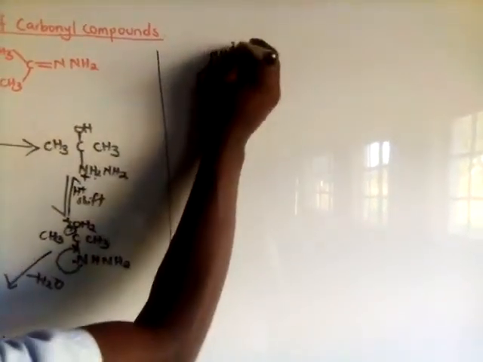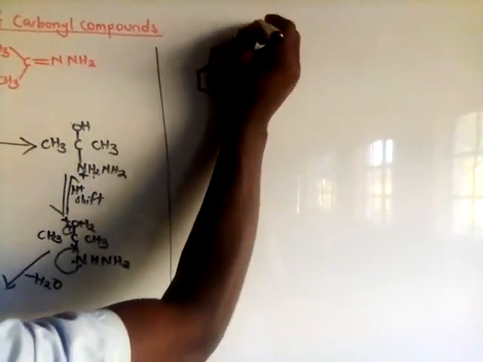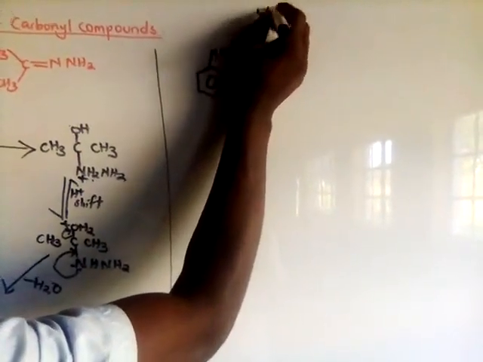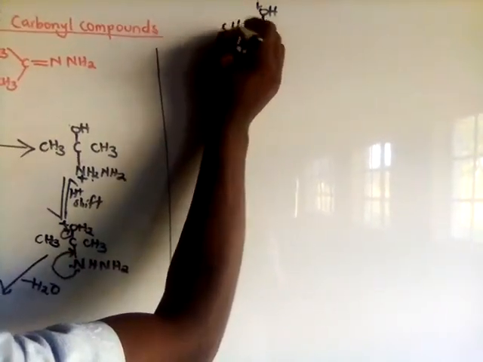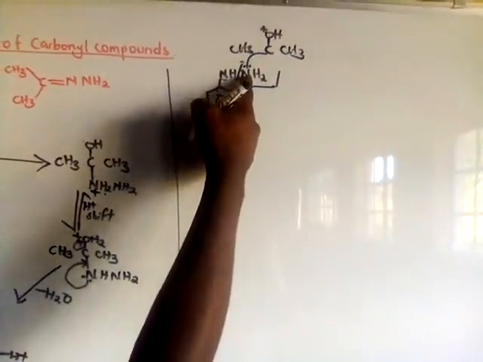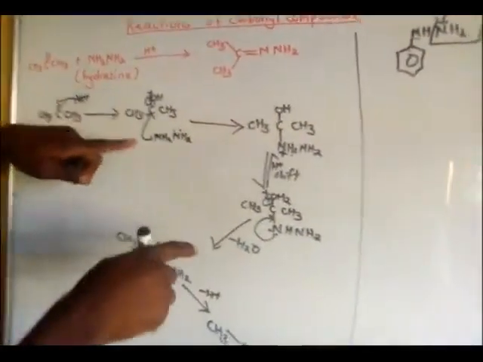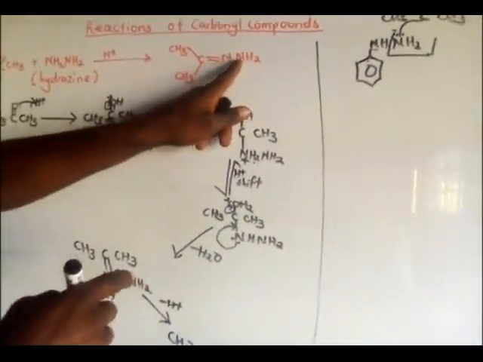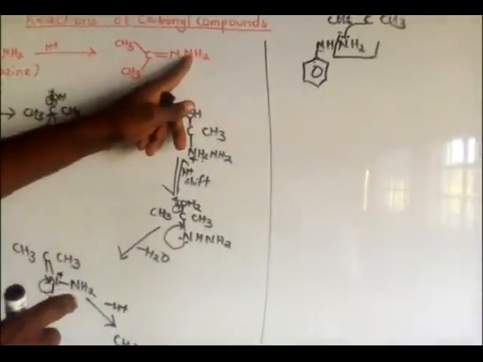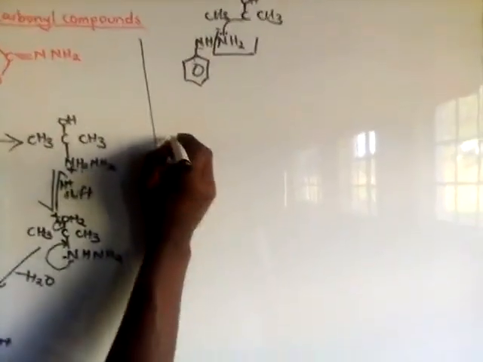The lone pairs of electrons on this nitrogen attack a species which is having a positive charge there. Let me say you are attacking propanal after protonation. So this is the nitrogen you are going to use. Let me say in this case, your product is going to be having here NH2. If you use phenylhydrazine, let me give you a hint.